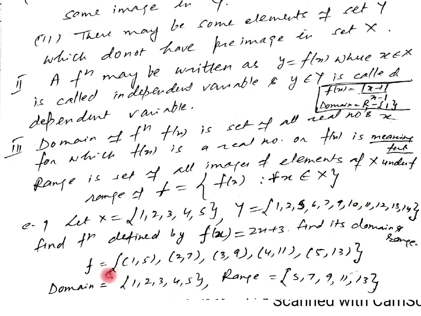So the ordered pairs of the function are (1, 5), (2, 7), (3, 9), (4, 11), (5, 13). For every value of x, y has a definite value, so the function can be defined. The domain of the function is the set X itself. The range of the function is the set of the elements 5, 7, 9, 11 and 13, and all belong to Y. And the codomain of the function is Y itself.